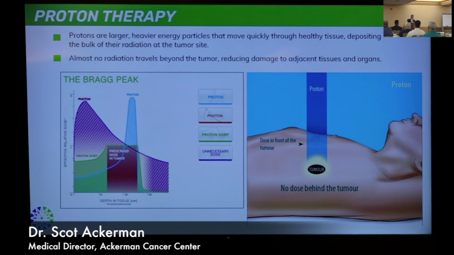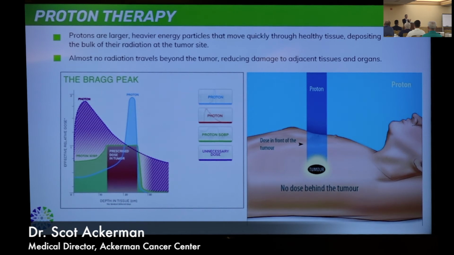So here's what protons are. Protons are big ions, right? You have the atom, it has a proton, a neutron, an electron. So we take a hydrogen atom and we tear off the electron, and we take that hydrogen, the proton that's in the middle, and we excite it.